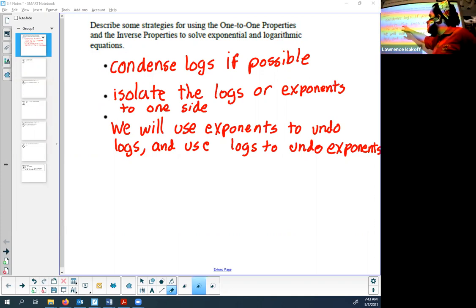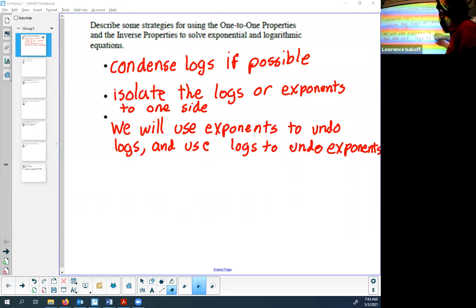Once we do that, we want to isolate the logs or exponents on one side. I don't care if it's the left side or the right side. It's just like getting my variable on one side. It's the same concept as that.